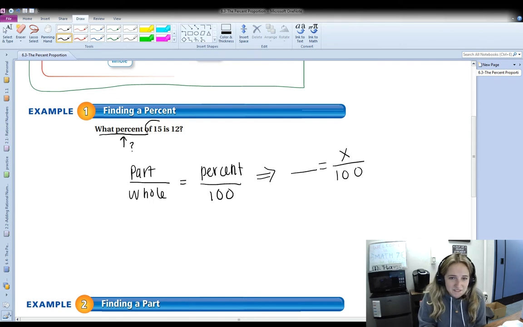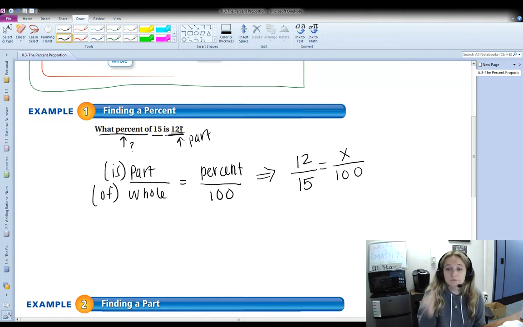Of 15. Remember the key words. Whole is "of," part is "is." So the number after "of" is 15, which means my whole is 15. So I put it in the denominator. And my part, because of the "is," is 12. So I put 12 up there. Okay, so we have our proportion set up.